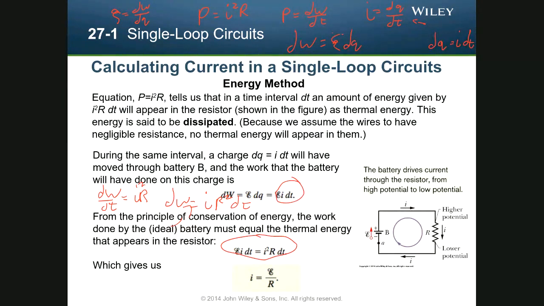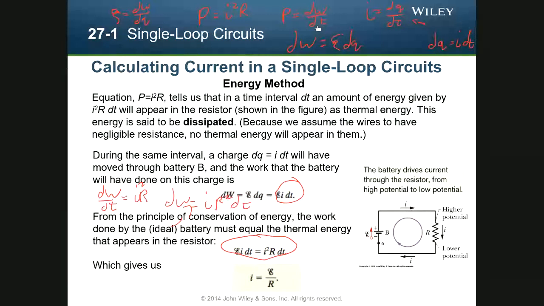So the important part of understanding the circled equation is that we are approaching this from conservation of energy. We have our circuit, and it's a single loop circuit. We start off knowing a few things. We have our definition of squiggle, the electromotive force, our EMF. We have our definition of power from physics 1, and we know that the power dissipated to heat is I squared R. So we have power equals dW/dt.